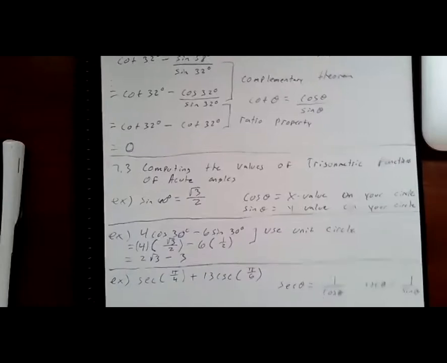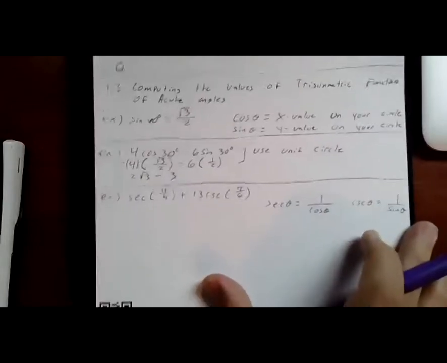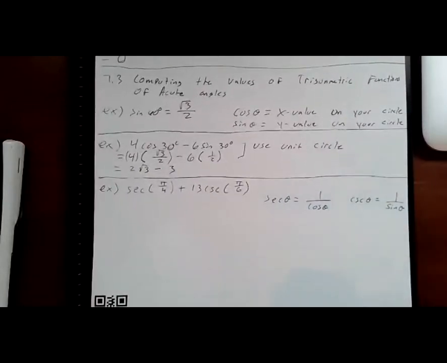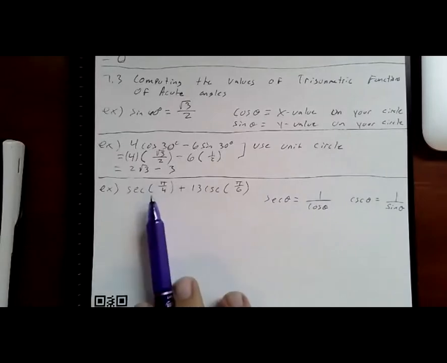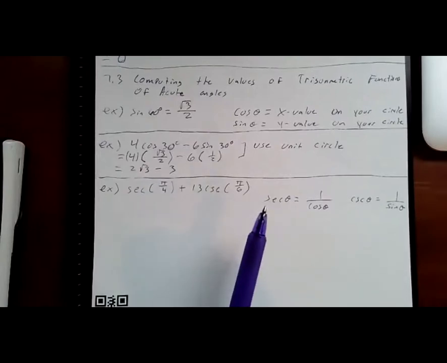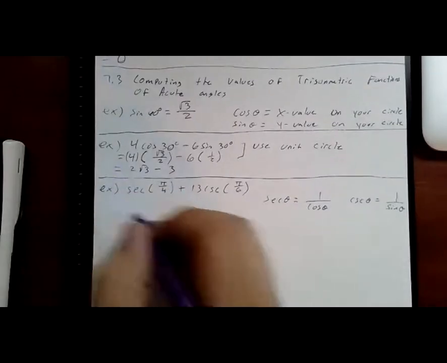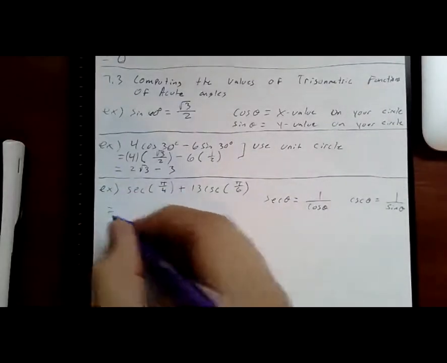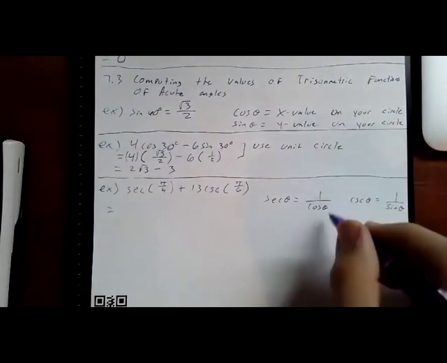So you're going to use these formulas to figure out the unit circle values, okay? Or you can just go ahead and change them here ahead of time. That way it won't mess with you. It doesn't matter though. So secant is 1 over cosine.